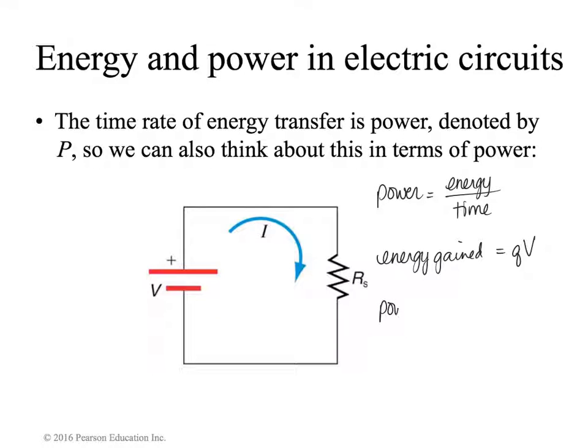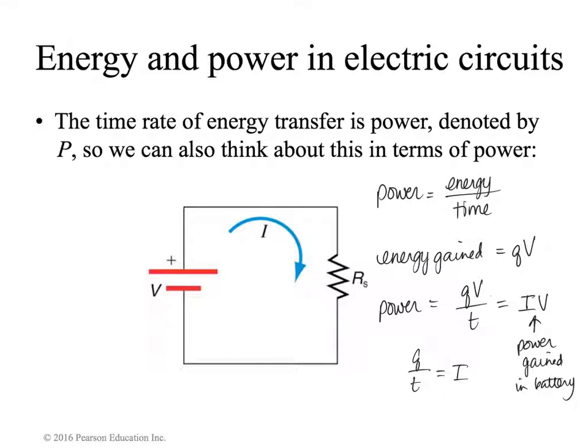If I want to talk about power, it's going to be QV over time. But Q over time is equal to current, and so this can actually be equal to I times V. And so this is the power that's gained in the battery. As a certain amount of current travels through the battery with some potential difference of V, that's how much power will be gained.